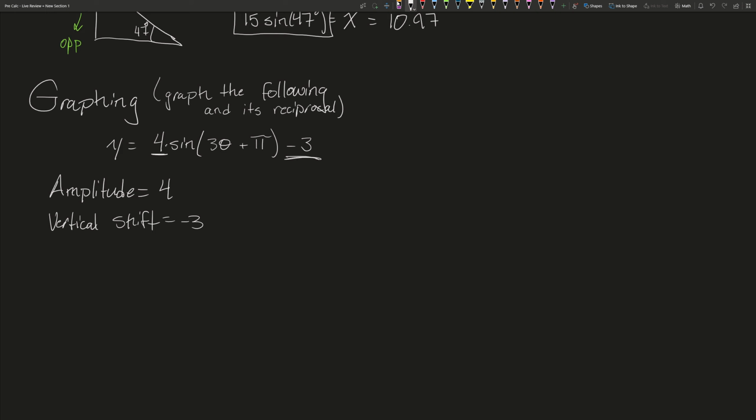Then we need to find a start point. Which I'm not going to explain why all of this does. That's what class is for. But we set everything inside parentheses equal to 0 and solve for theta.